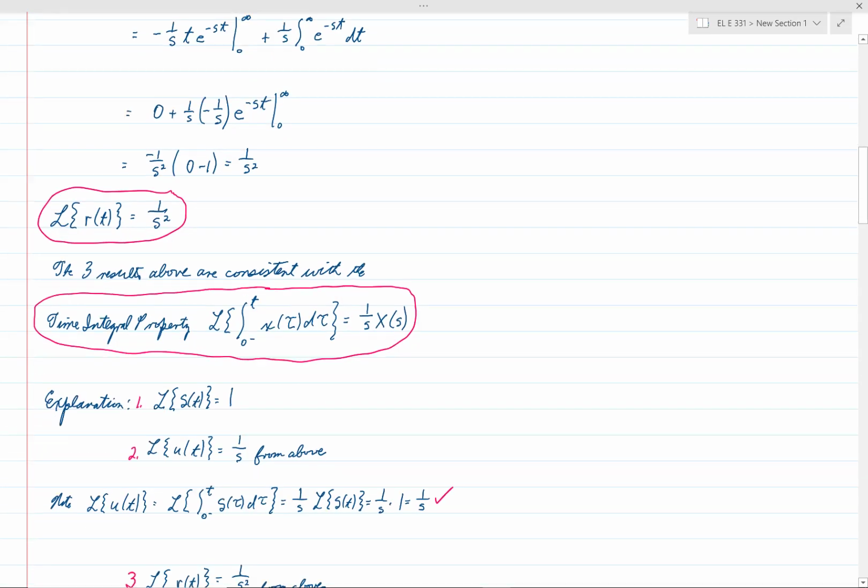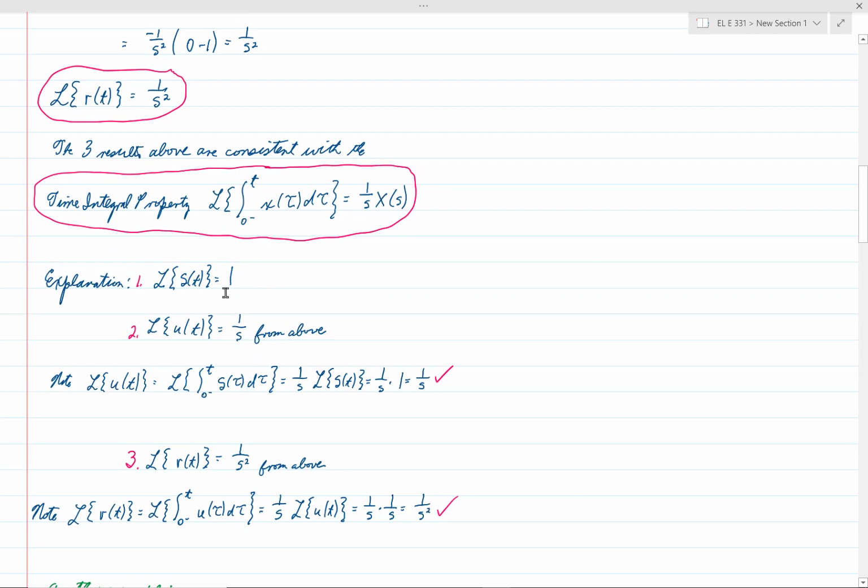Now, just to make sure that's perfectly clear, let me say again in detail what I already said and sketched above. The Laplace transform of delta of t is 1. We've seen that. The Laplace transform of u of t above, we found out that that was equal to 1 over s, and we found that out by direct integration using the formula.